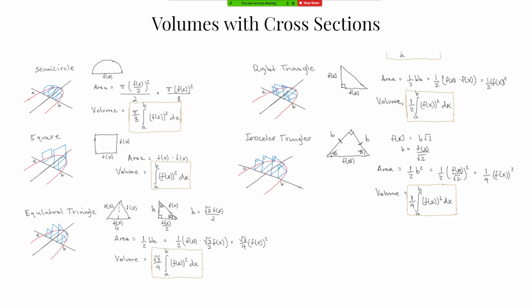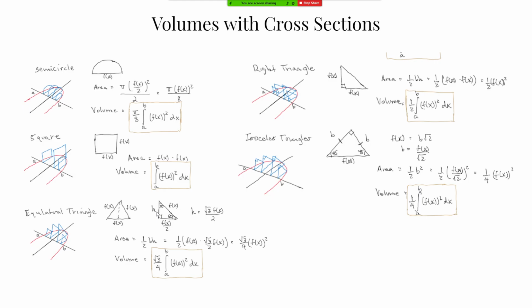Does that answer your question? Can you walk me through how you got those equations? For an equilateral triangle, let's say f of x is the base. You can split it into two right triangles where the base is f of x over 2, the hypotenuse is f of x, and we want to solve for h.